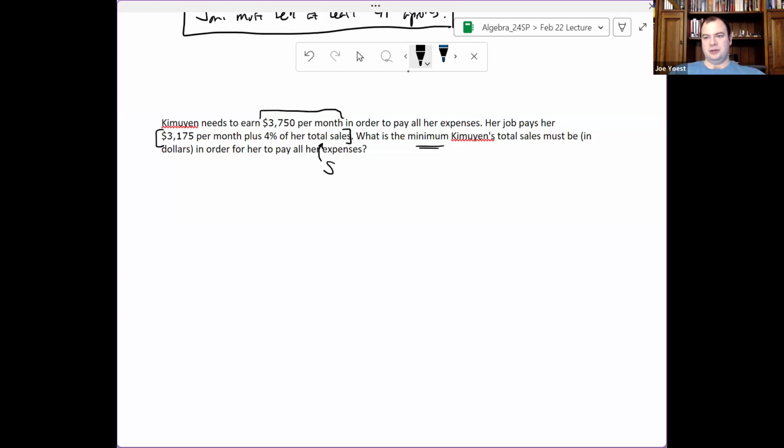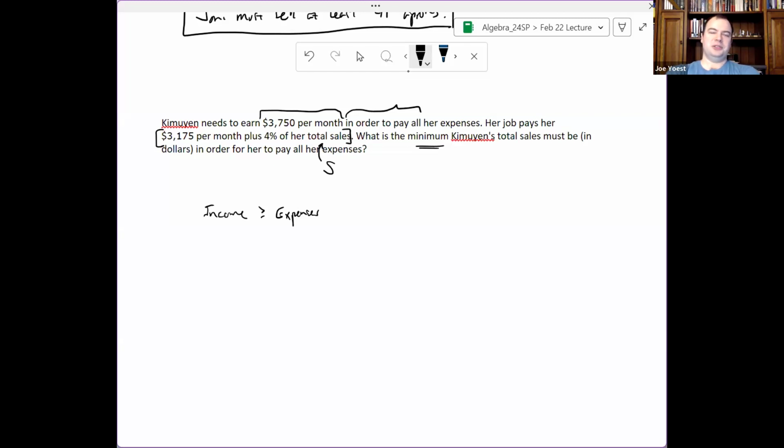So what does she need? She needs her income to be greater than or equal to her expenses. That is in order to pay all her expenses.